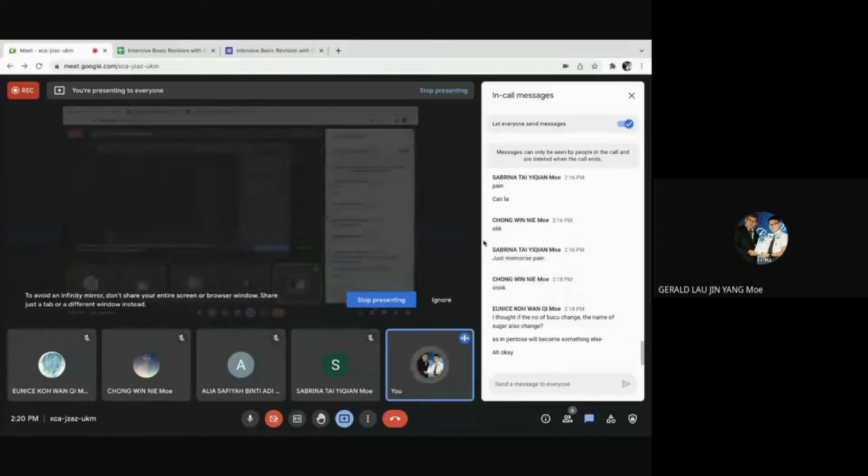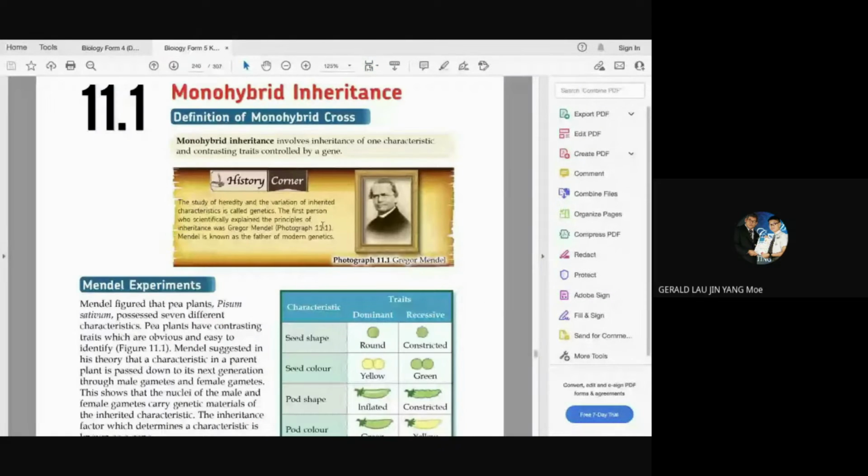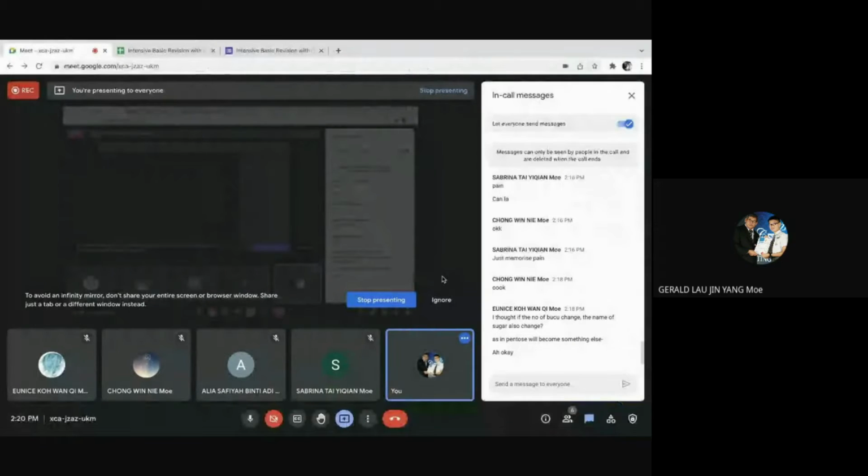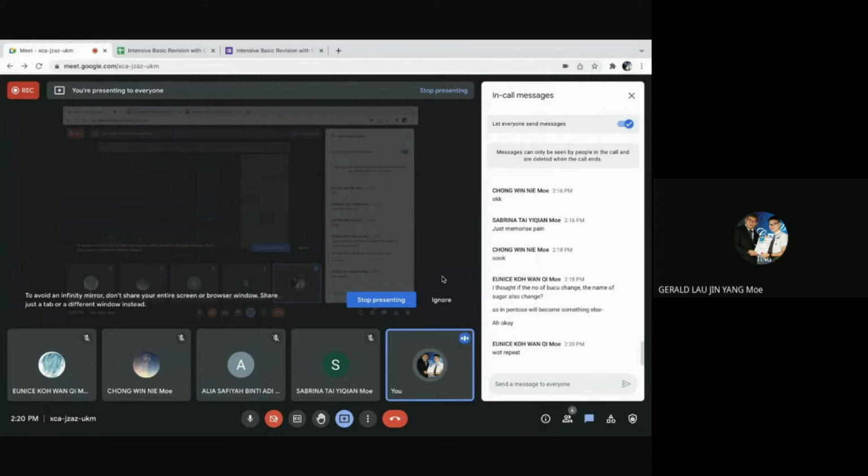Now let's look at Form 5. Inheritance. Who can tell me what inheritance is? Don't reply too slowly, or if you're waiting for others to reply, then we cannot finish the topic in time. What is the meaning of inheritance?